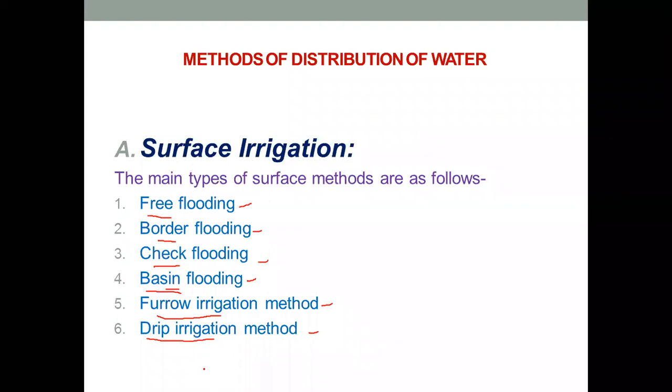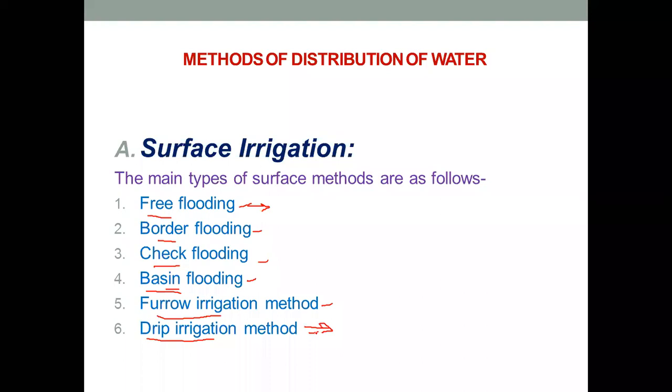And as we saw, among the surface irrigation methods, the free flooding method is the least efficient, because out of the total amount of water that we provide for irrigation, almost 80 to 90% of the water gets drained away or wasted. And the most efficient among all the surface irrigation methods is the drip irrigation method.